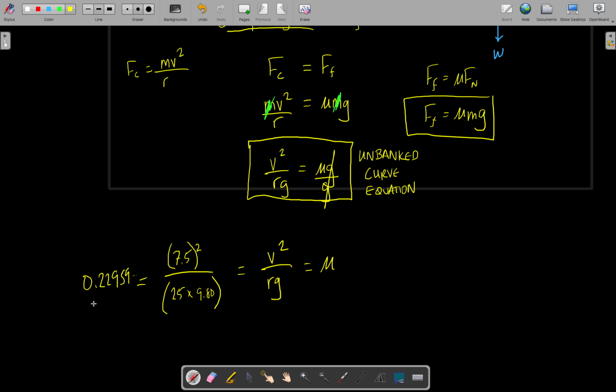I'm going to round this to two significant figures, so our answer is rounded up to 0.23. And that is our mu. Keep in mind that our mu, our coefficient of friction, is a dimensionless value. Okay, it's just a number. That's all it is. And so what we just did was we solved for our coefficient of static friction.